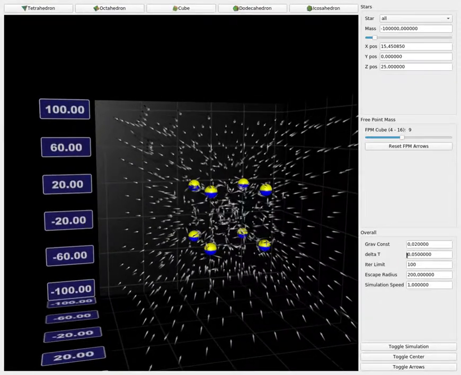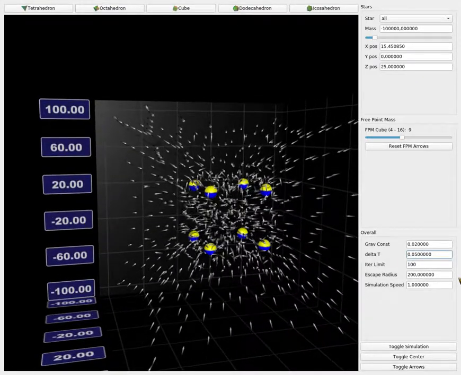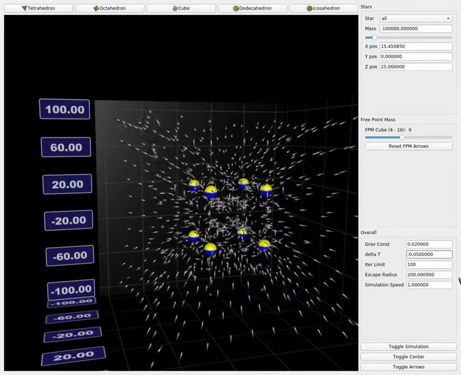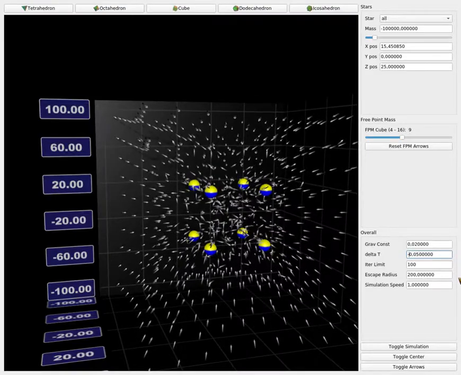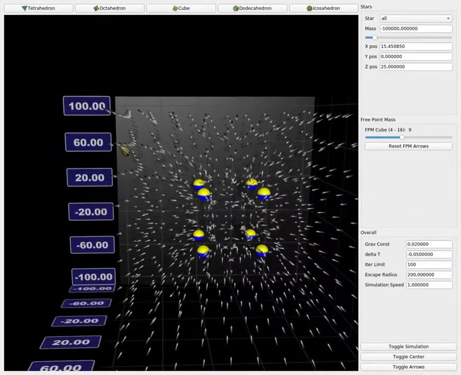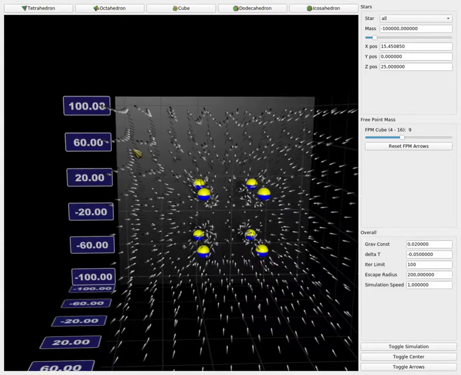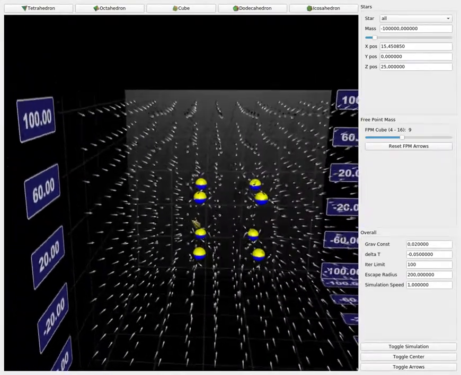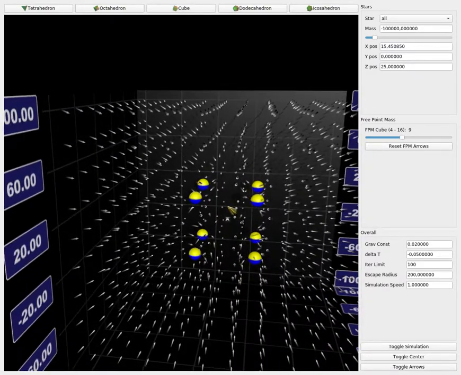Now, I'm going to make delta t negative. What do you think happened? I've made it negative. So it's almost like a time reversal. You see the cube structure of the FPMs reforming. So it's not a perfect reversal, right?